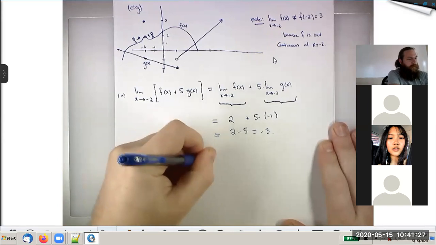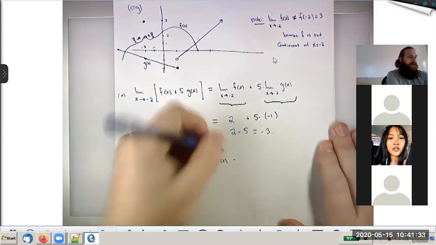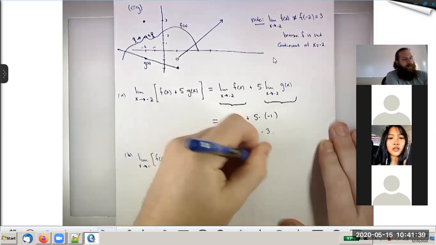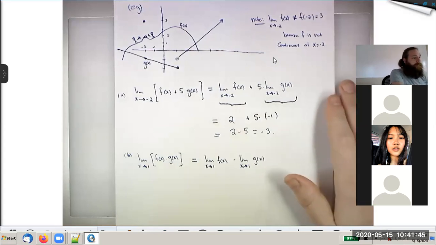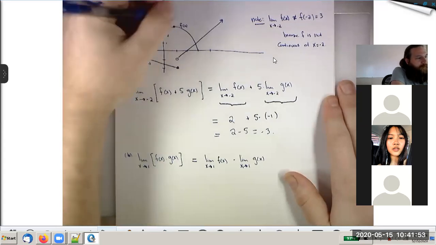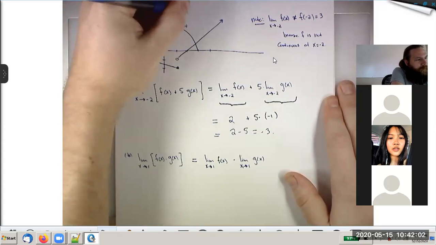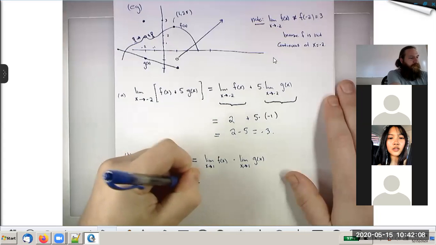So this should be the limit as x approaches 1 of f of x times the limit as x approaches 1 of g of x. Now this guy, I'm not sure exactly what the y value of this point is. Let's say this is 1, 2.5. So then the limit as x approaches 1 of f of x would be what?